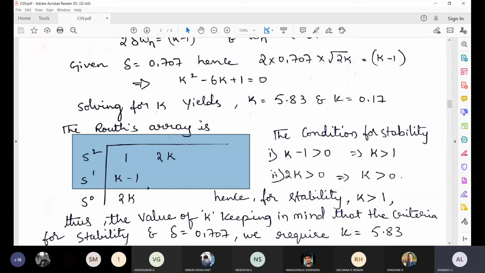So once you get this, we need to go further in solving the s to the power of 0 coefficient.